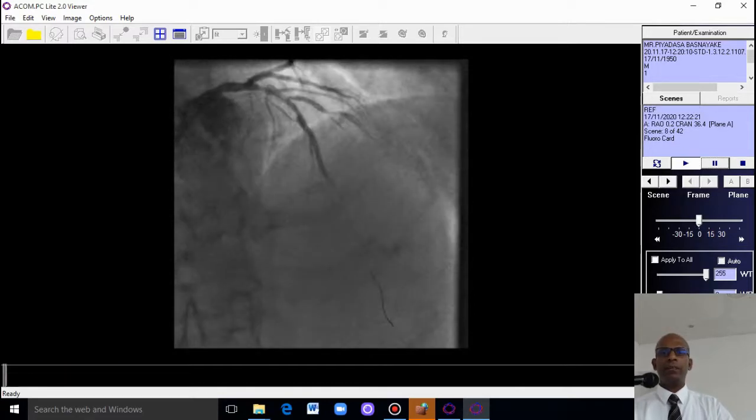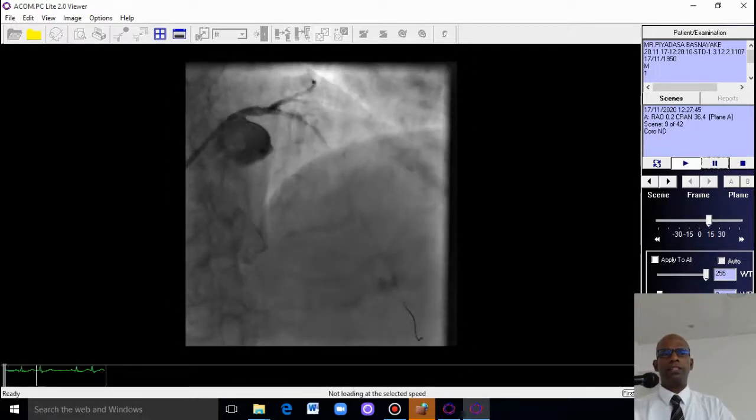After that, the patient was stented. I wanted to highlight very quickly and finish. This is just ballooning.